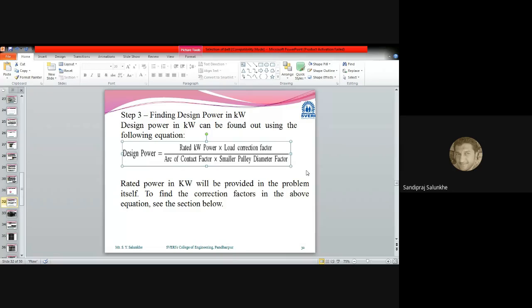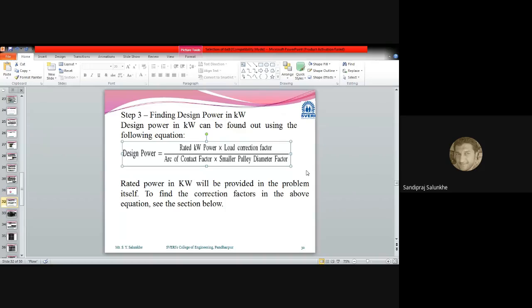Suppose the application where we are going to use the belt drive is of 2 kilowatt, but we know that the power requirement will not always be maintained at 2 kilowatt. If the load increases, the power requirement increases. So it fluctuates. It may become 2.2 kilowatt or it may become 1.98 kilowatt. So exactly that 2 kilowatt is not maintained.